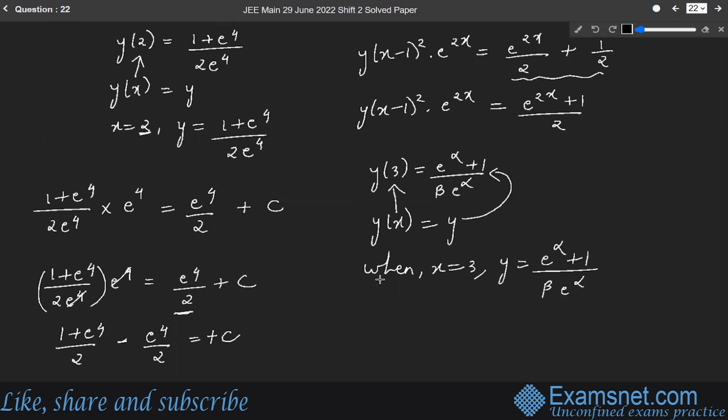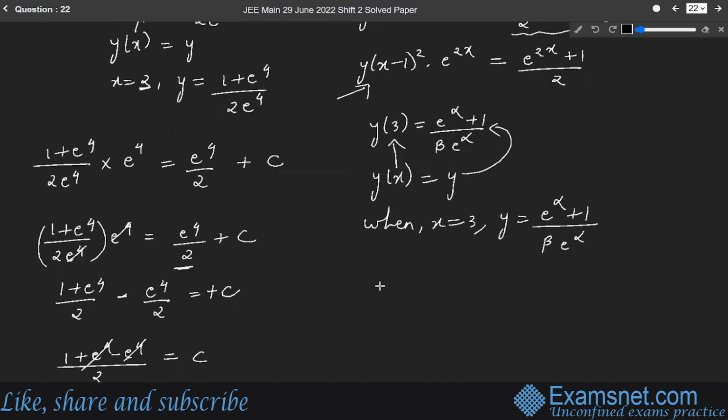Okay. So let us do one thing. Let us put the value of x and y here in this equation, right? Let us consider this as equation number 2. We have to put the value of x and y in equation number 2. So the first term is y. What is y? (e^α + 1)/(β e^α) into (x − 1)².